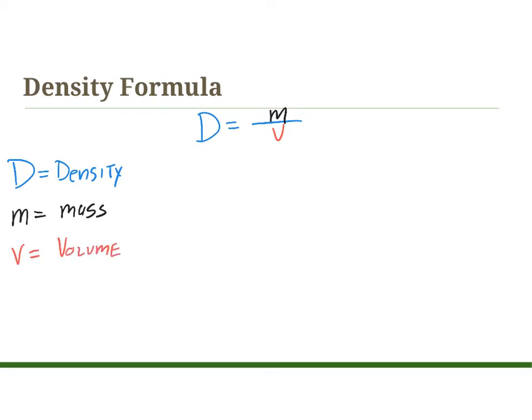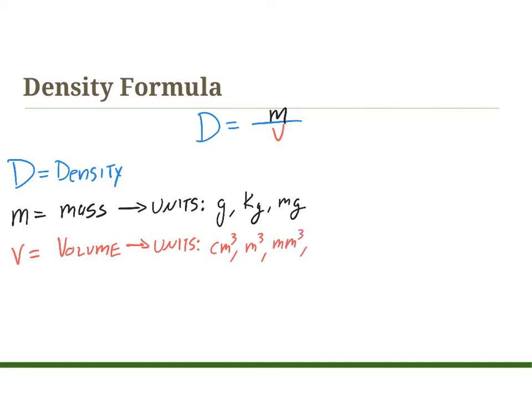Now, a couple of things to keep in mind is that the units for mass could be grams, kilograms, or milligrams. The units for volume could be centimeters cubed, meters cubed, maybe even millimeters cubed, but also milliliters and liters.